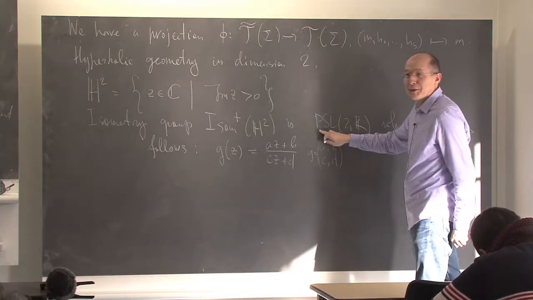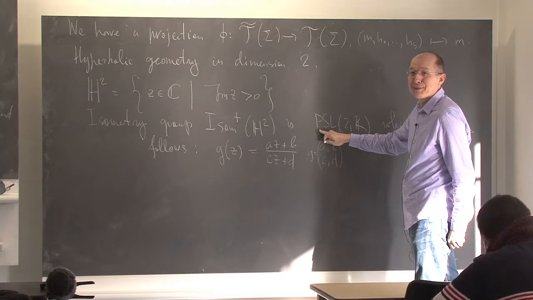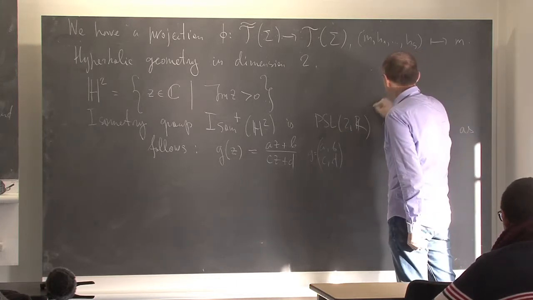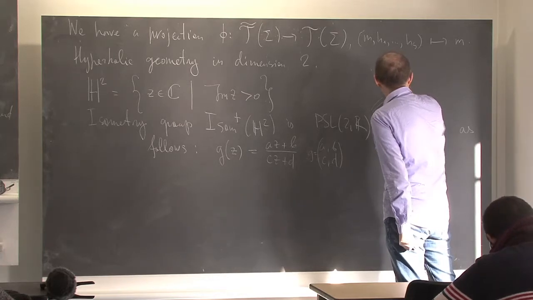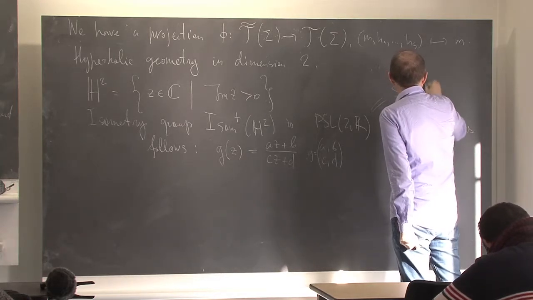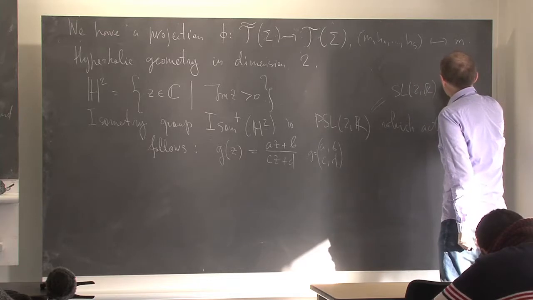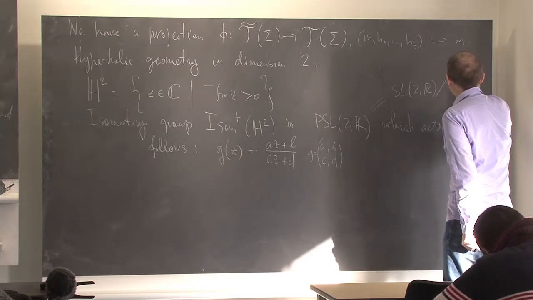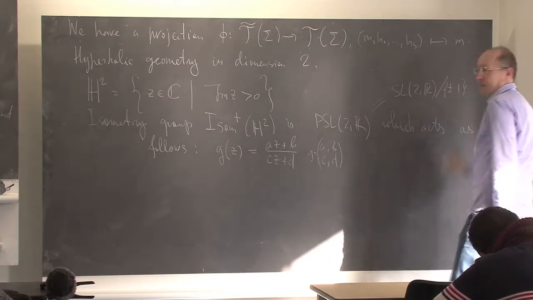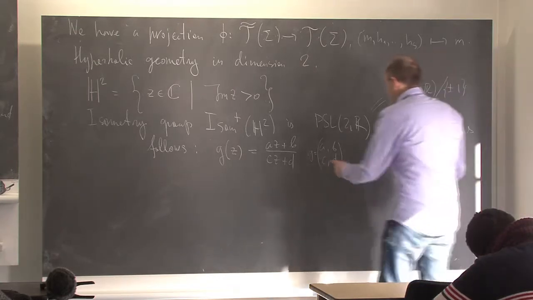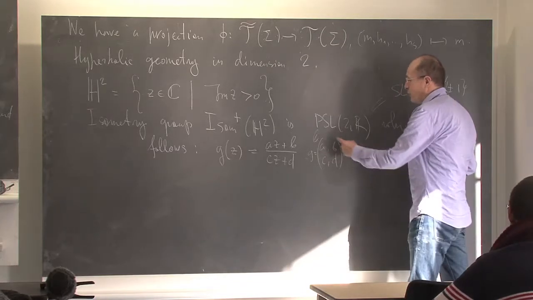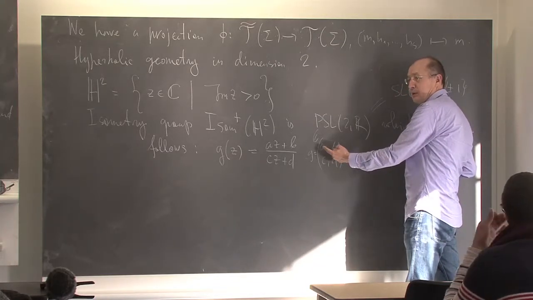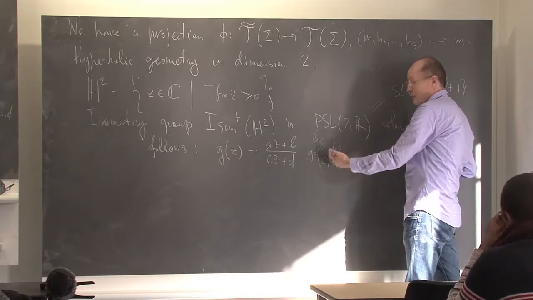But do you understand what this P means here? For those who forgot, this is the quotient group of SL2R with respect to plus or minus 1. So g is a 2 by 2 matrix of unit determinant up to an overall sign.